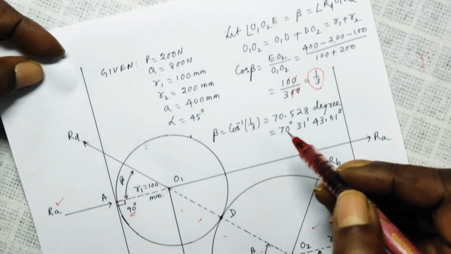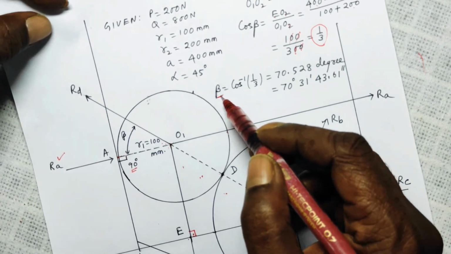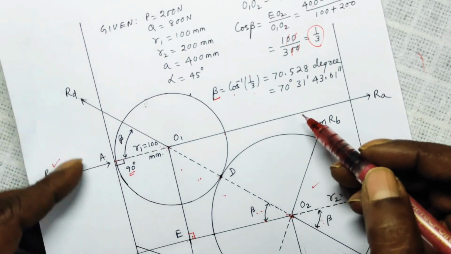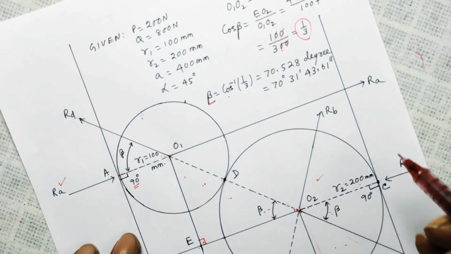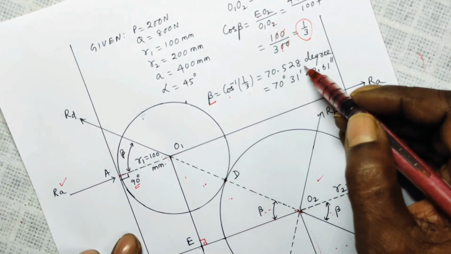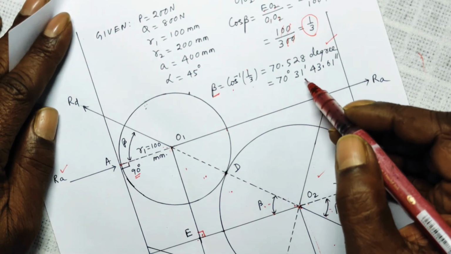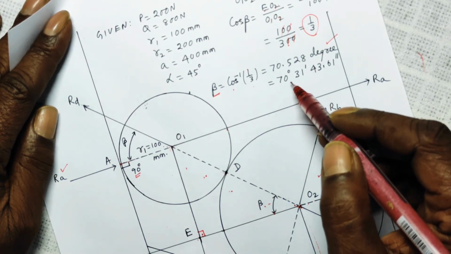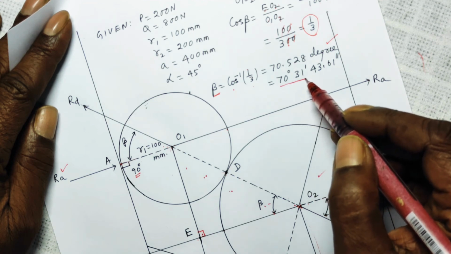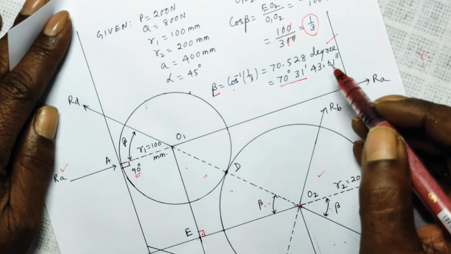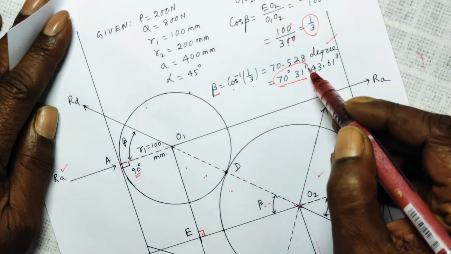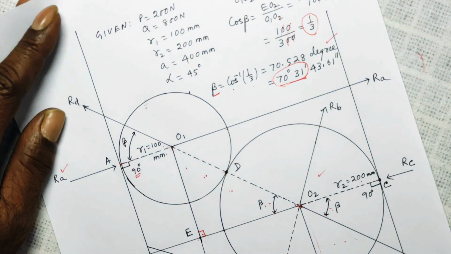So with a scientific calculator, you find out beta as cos inverse 1 over 3. That comes out to be 70.528 degree exactly. If you convert to degree, minutes and seconds of arc using the same scientific calculator, 70 degree, 31 minute, 43.61 seconds of arc, I will consider only this thing.